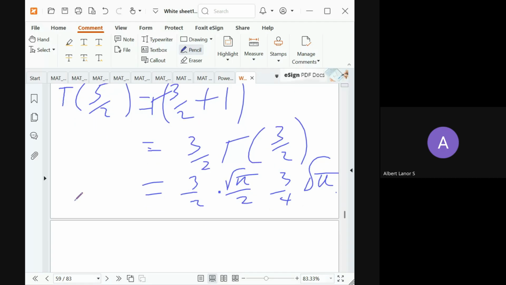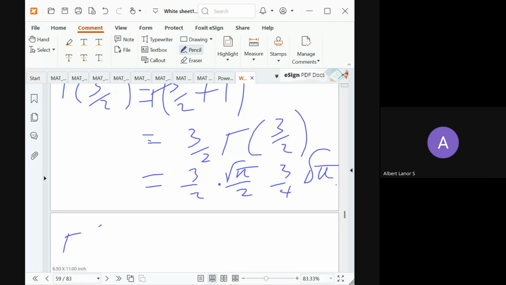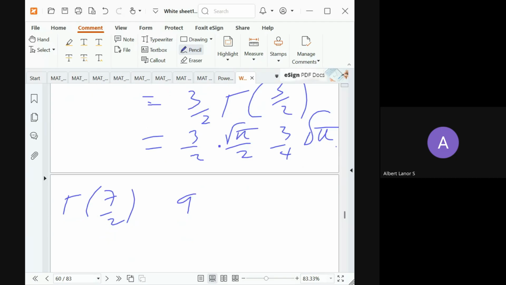Now you can also, by extension, find gamma of 7/2, 9/2, and every other one. So what is happening is that you are finding n/2, where n is an odd number. If it's even, then it will fall back into the standard ones.